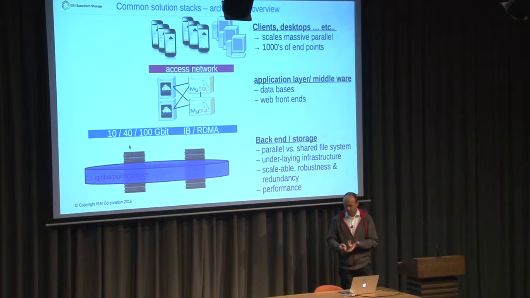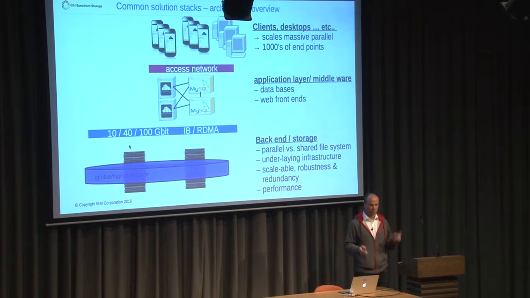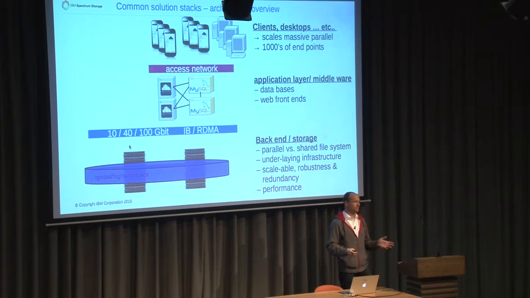If it's shared and parallel, you need to cover recommendations in terms of capacity, availability, robustness, maintenance, all these things. And finally, all that matters to satisfy what your user expects is performance. If you're too slow, nobody from the upper layer will accept this solution.